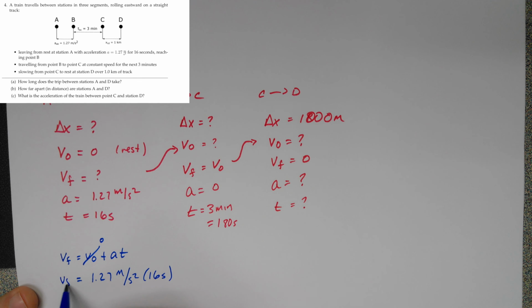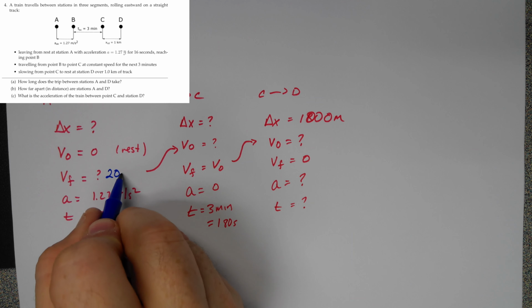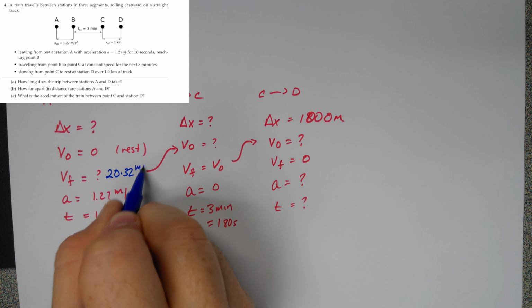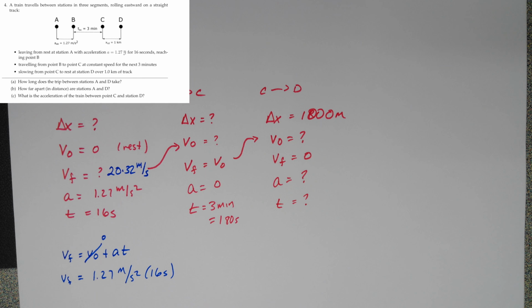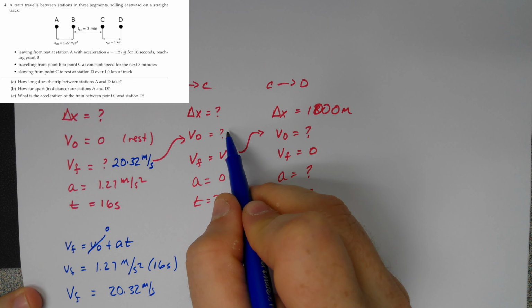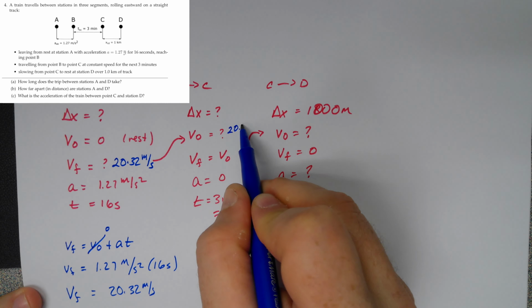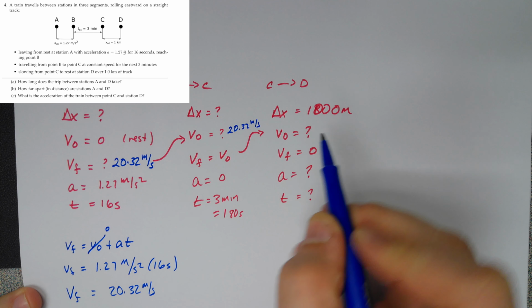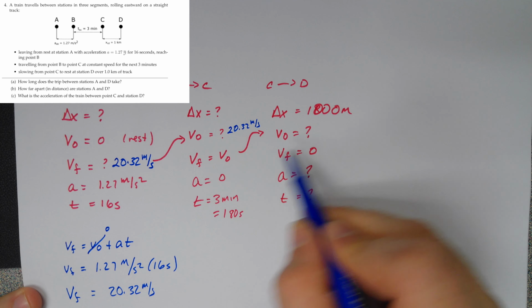If you calculate that, 1.27 times 16, we will get 20.32 meters per second. So that goes up here. We know that this is 20.32 meters per second, and that means so is this, and so is this.